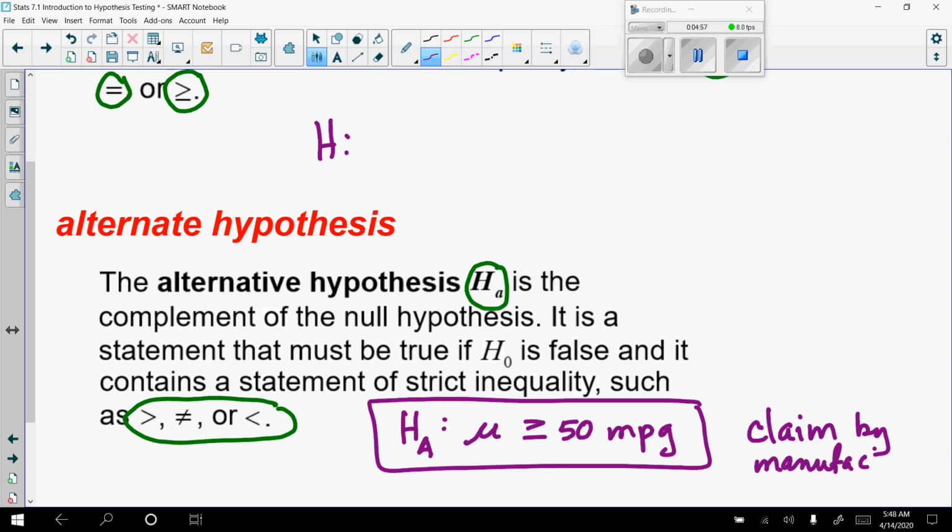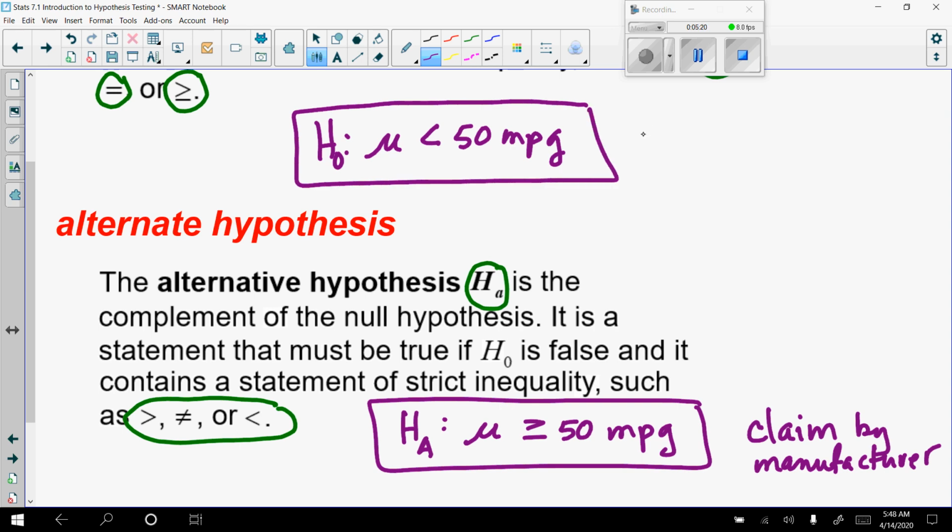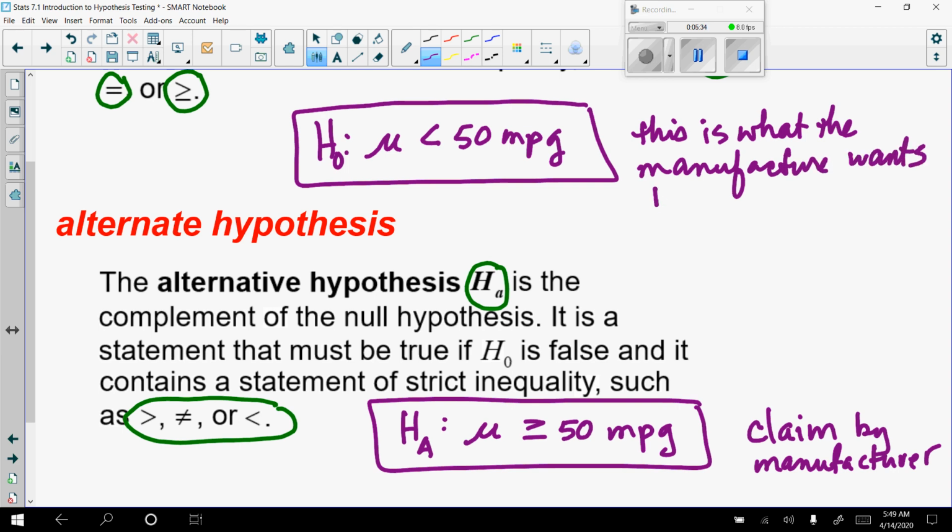The H naught, the normal for all cars from all manufacturers, is that the mean gas mileage would be less than 50 miles per gallon. This is what the manufacturer wants to prove false for their car.